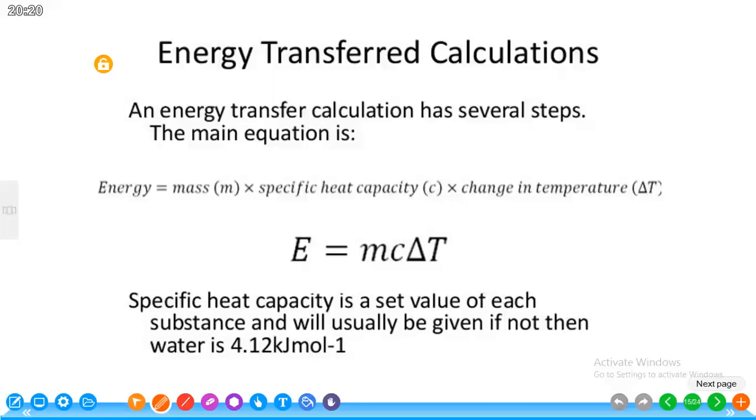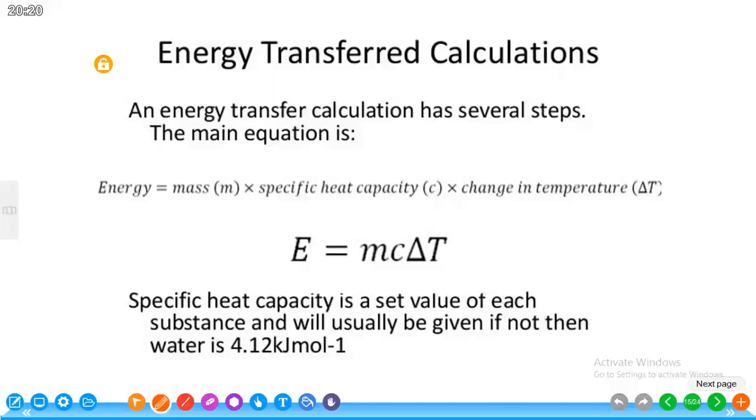And we will go to another part, energy transfer calculations. We know the energy is transferred in the enthalpy, and how do we calculate how much energy is transferred? So the energy is equal to mass times specific heat capacity times change in temperature.